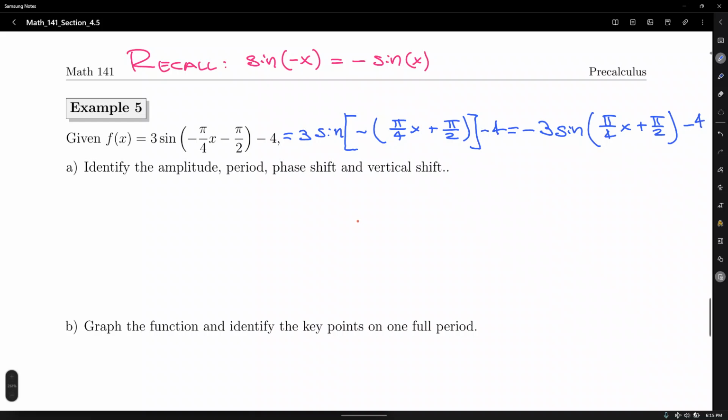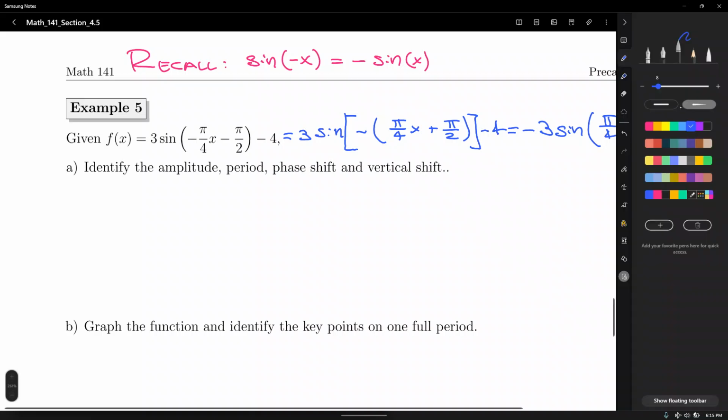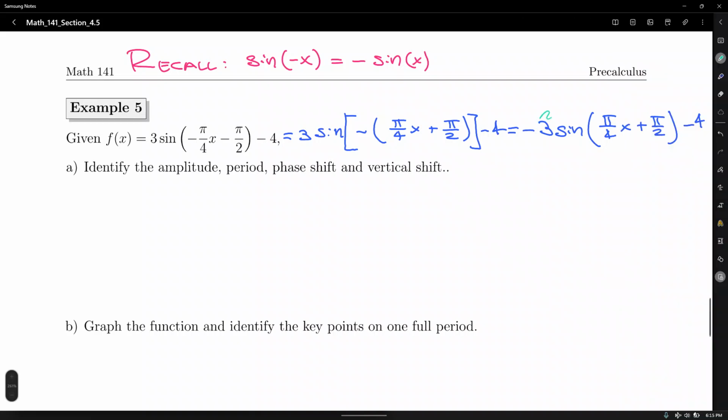So we are going to have a big bunch of different transformations to this. Okay, so number one, a vertical stretching, and also that negative will flip the graph upside down. So let's label this as our A, this is our B, this is our C, and this is our D right there.